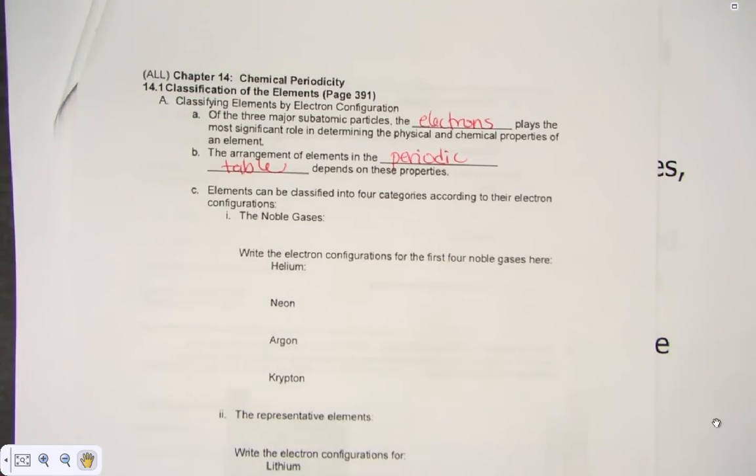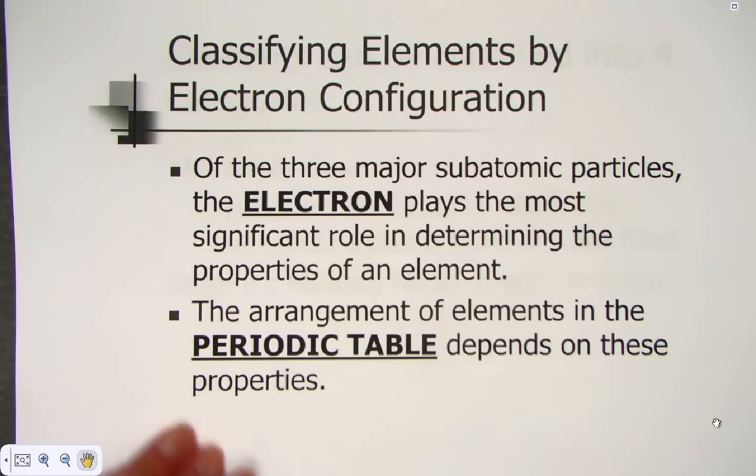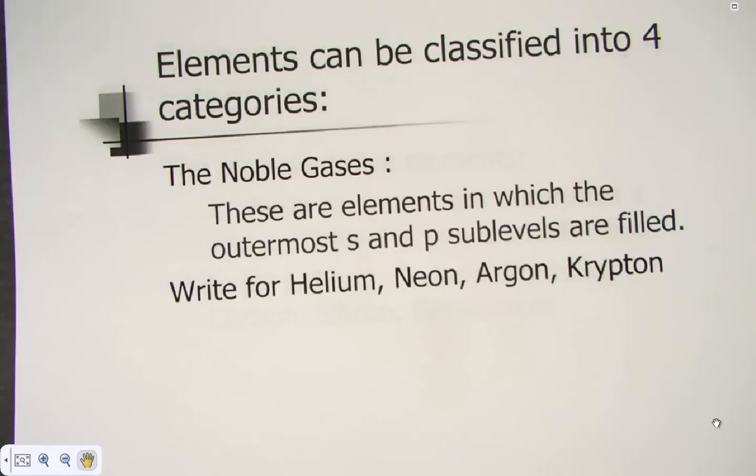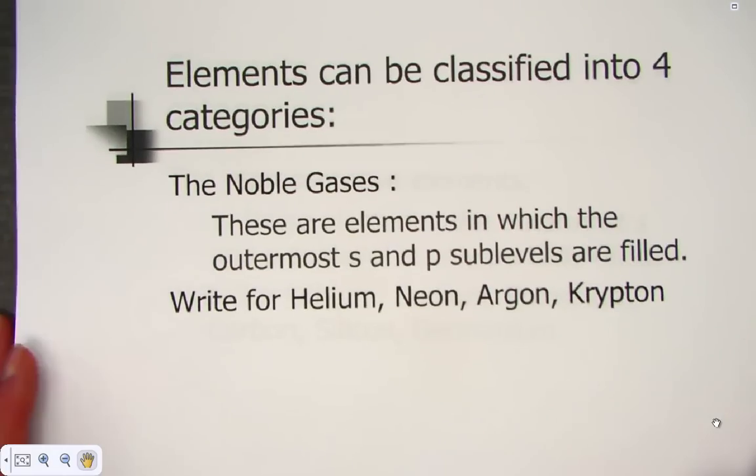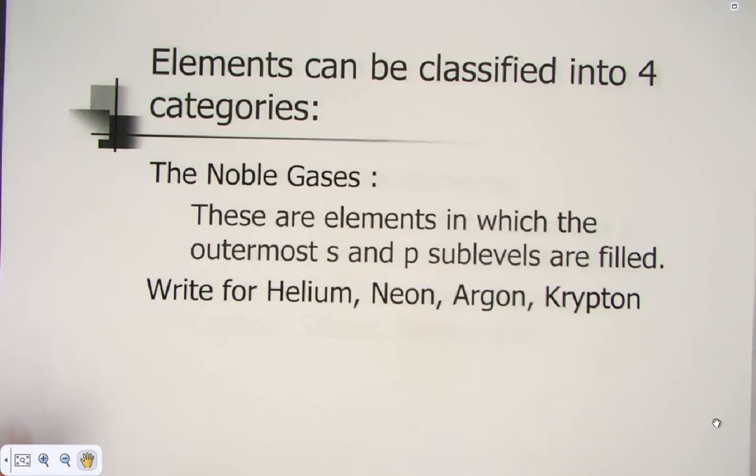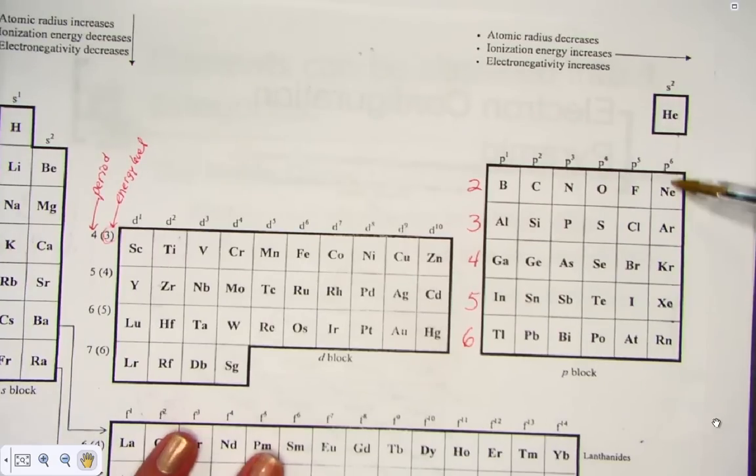The first of the 4 categories are known as the noble gases. Let's jot down in our notepad, what are the noble gases? Well, those are the elements in which the outermost S and P sublevels are filled. The elements that fill the S and P sublevels are called the noble gases.